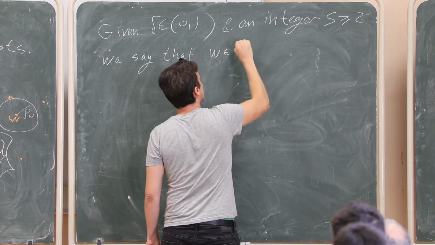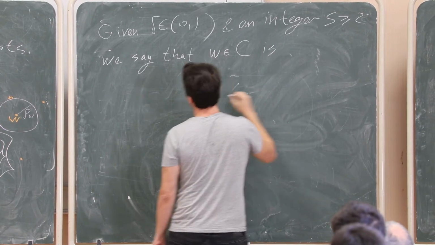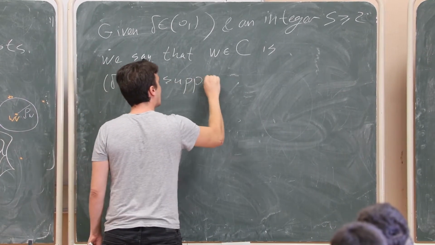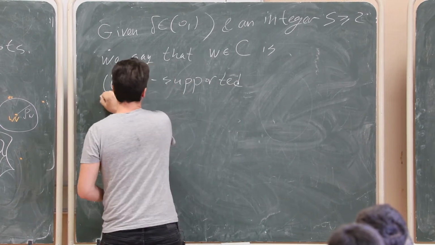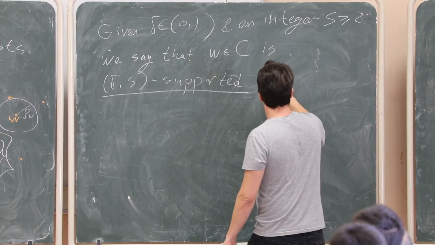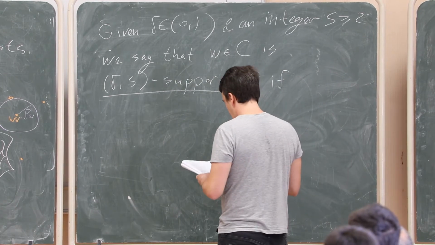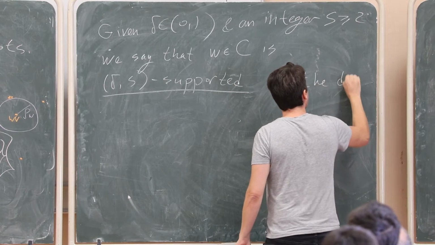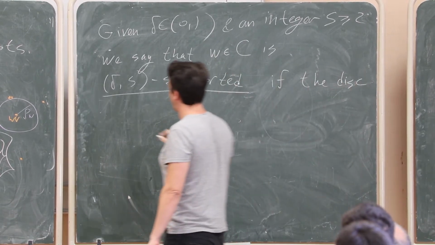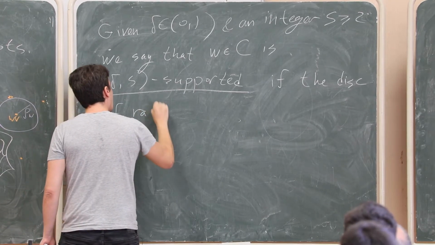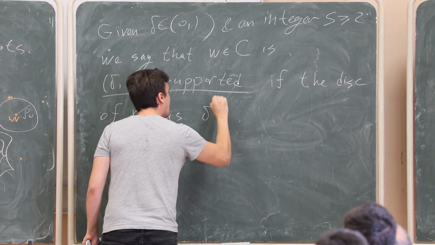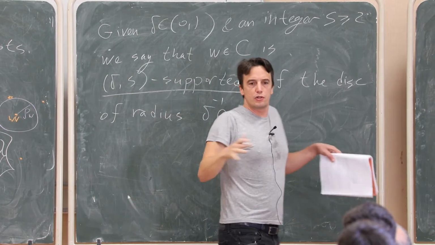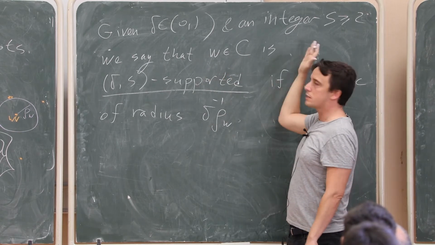that w, a point in C, is delta-S supported if, let's say it first in words, the disk of radius delta^{-1} rho(w), so a large disk, we think about delta as small and S as large.